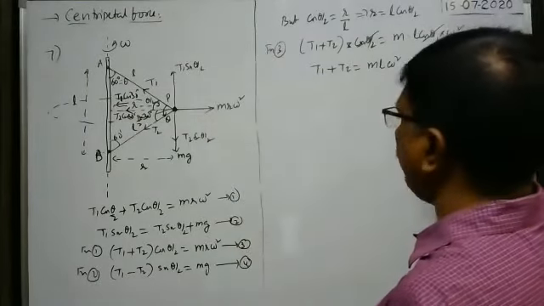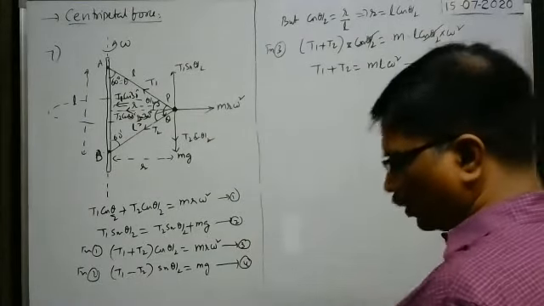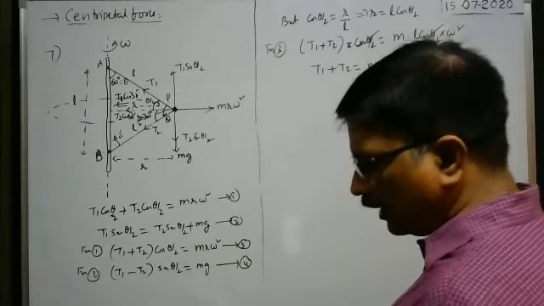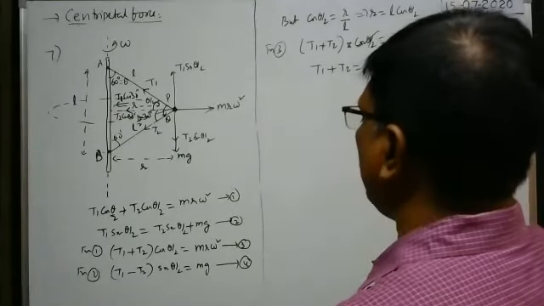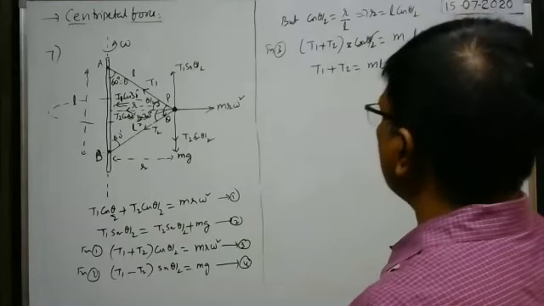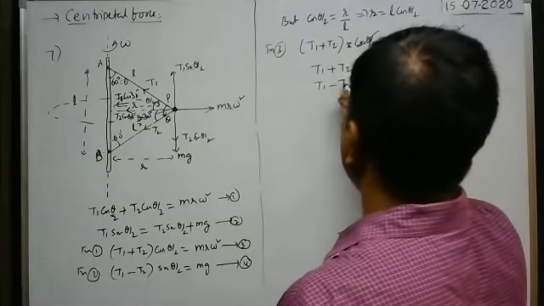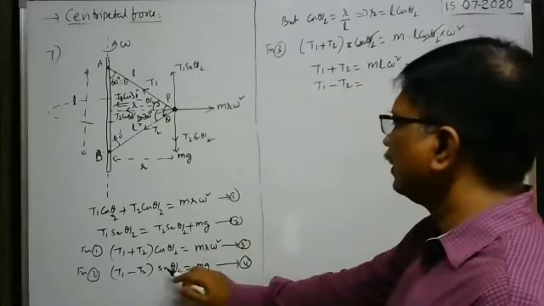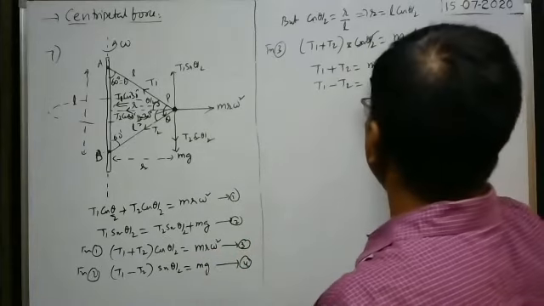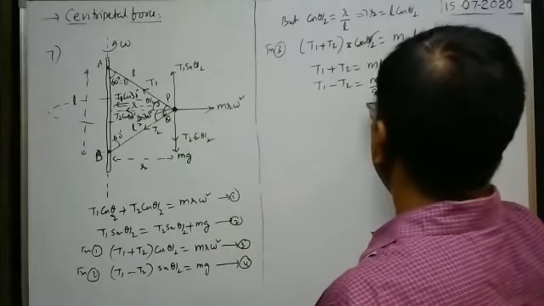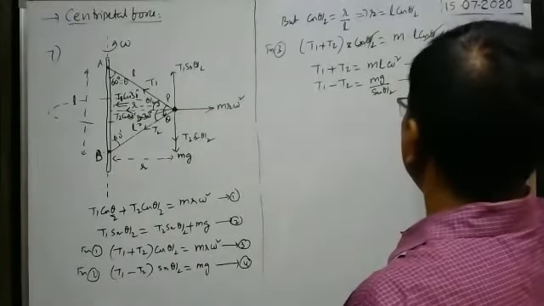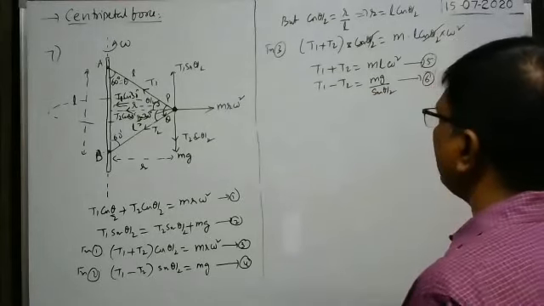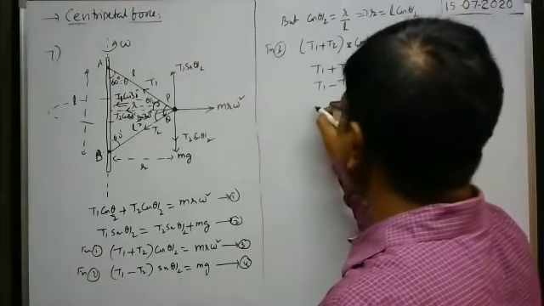This is equation 5. So T1 plus T2 is equal to m L omega square. Next, T1 minus T2 into sin theta by 2 is equal to mg, so T1 minus T2 is equal to mg by sin theta by 2. These are the two equations. You solve them. To find the T1 value, you add these two.